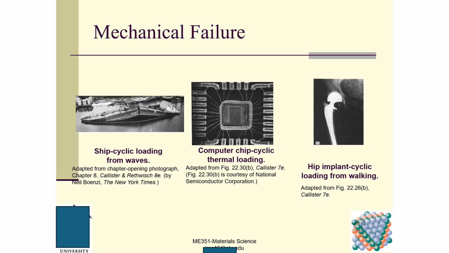As a result, hip implants also experience cyclic loading from walking. These are three very important scenarios that affect our lives substantially. We gave these three bad cases because we want to do something to prevent this kind of failure from happening.